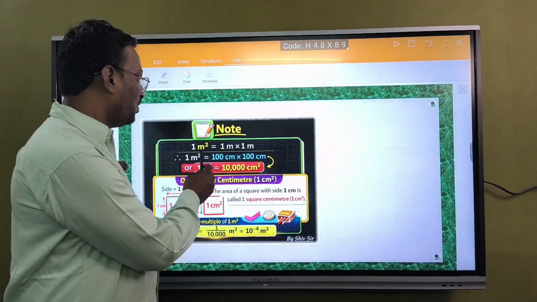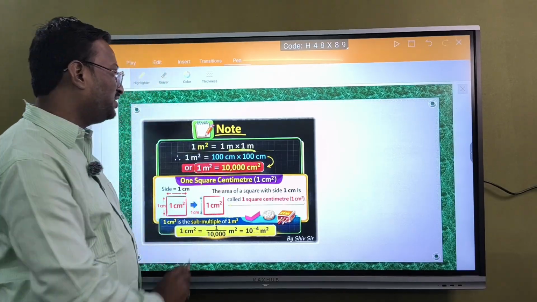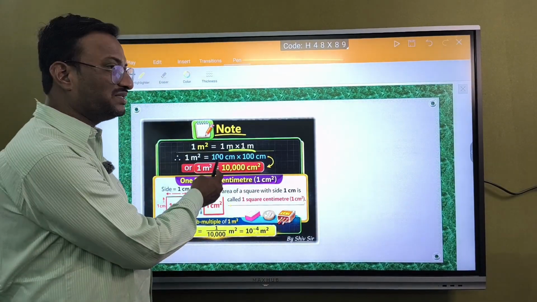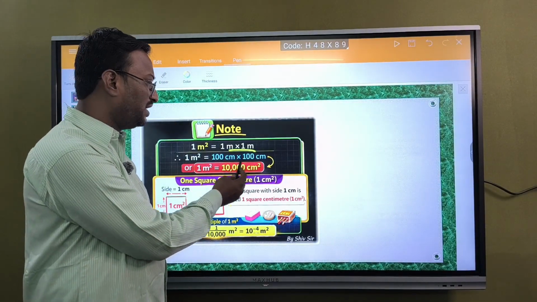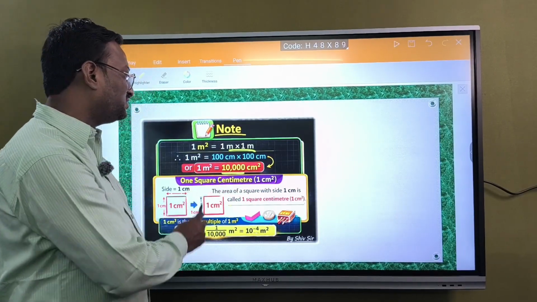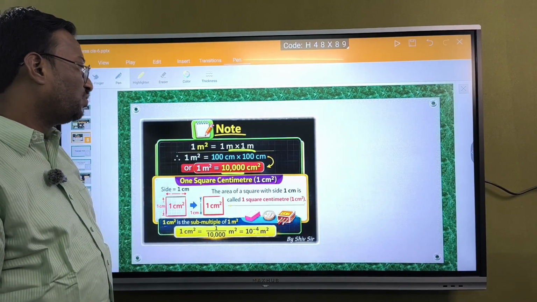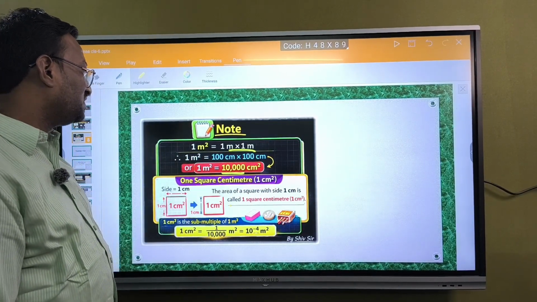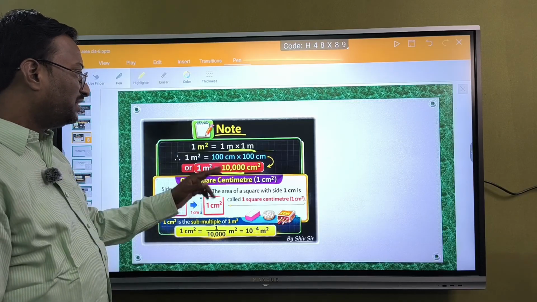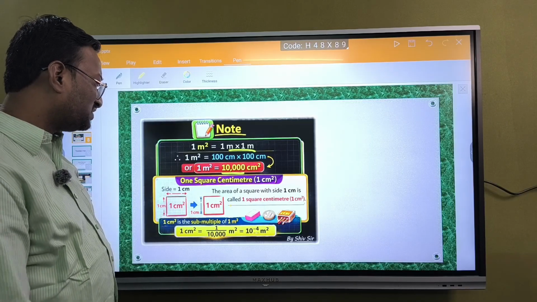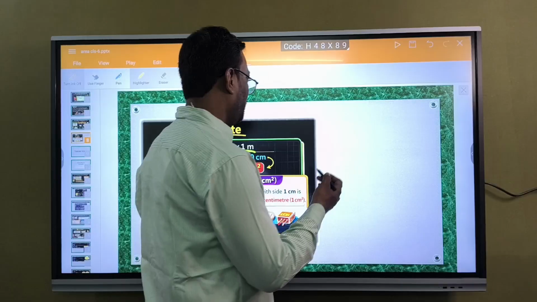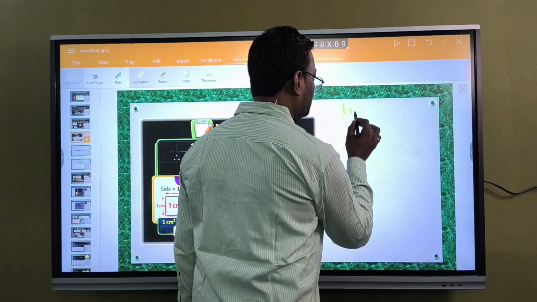Alright, so 1 meter squared is 1 meter into 1 meter, and 1 meter can be considered as 100 centimeters. So 100 into 100 is equal to 10,000 centimeter squared. So 1 meter squared is equal to 10,000 centimeter squared.